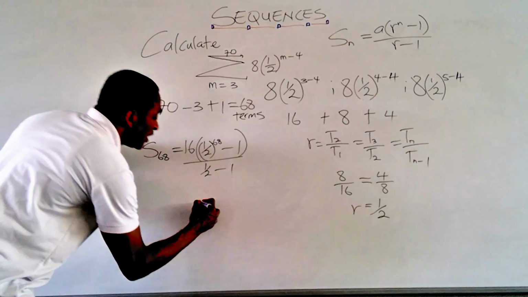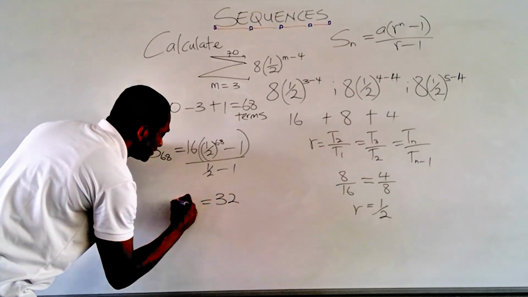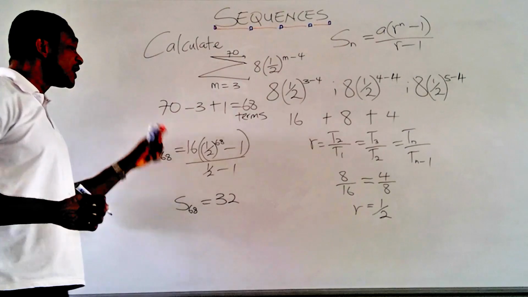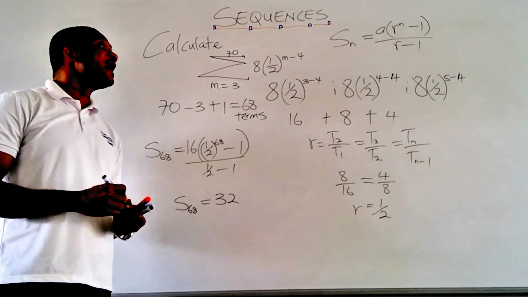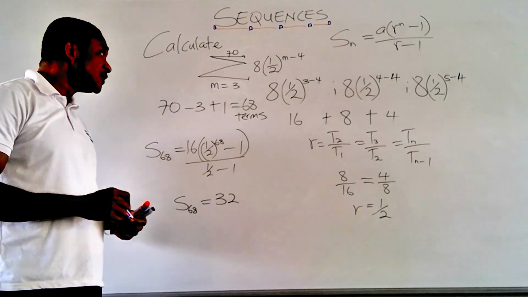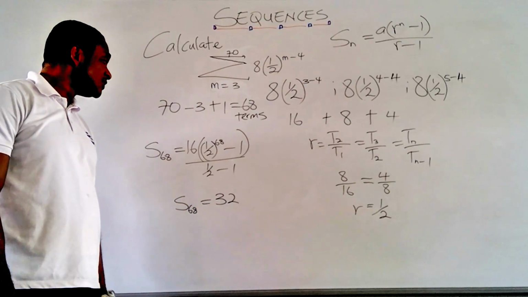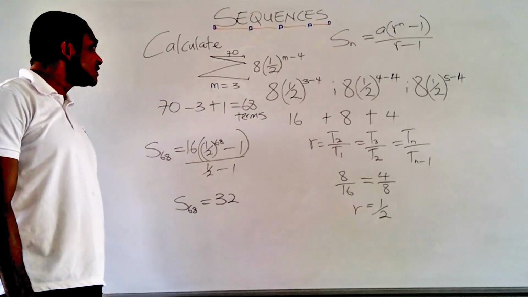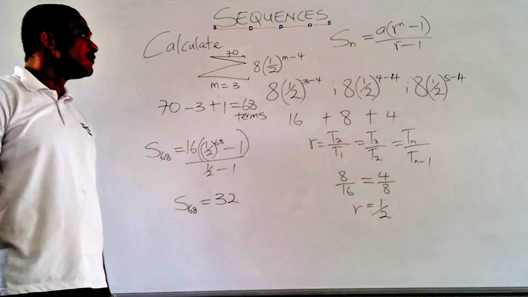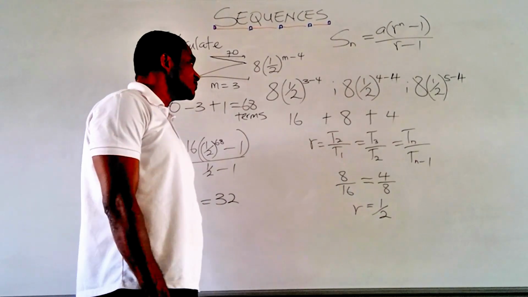And we see that the sum of this is 32. If you plug in this, that means if we add up all of them, it will give us 32. So the sum of 68 terms will give us 32.